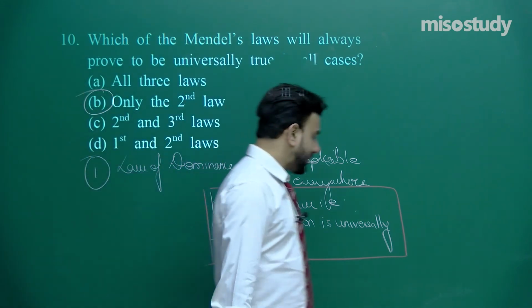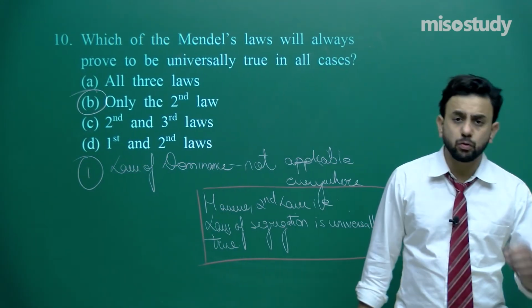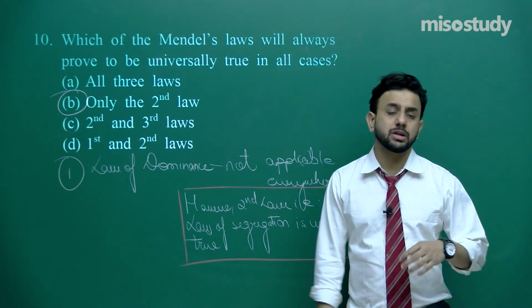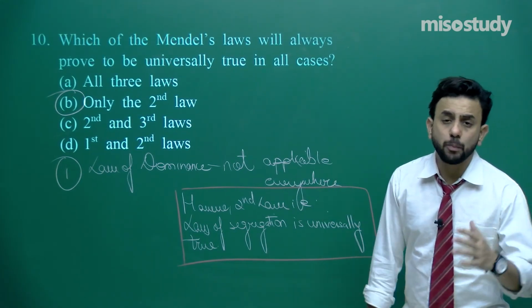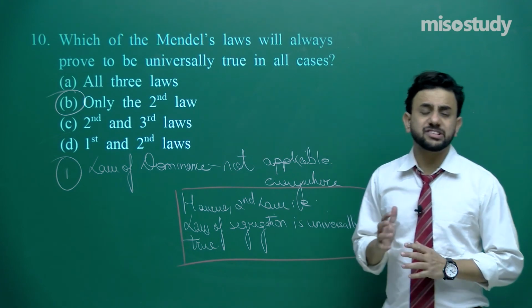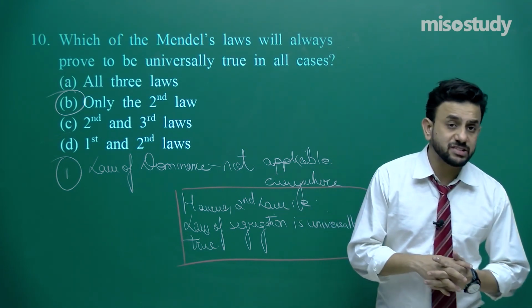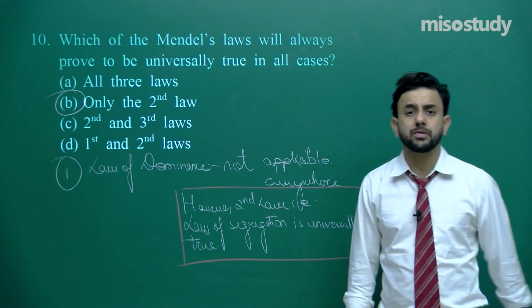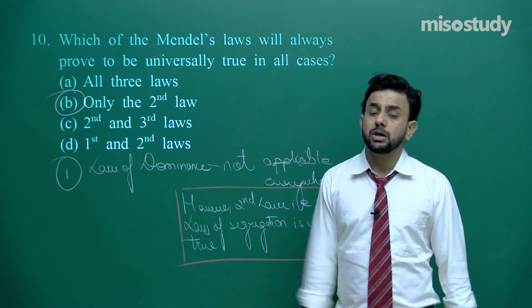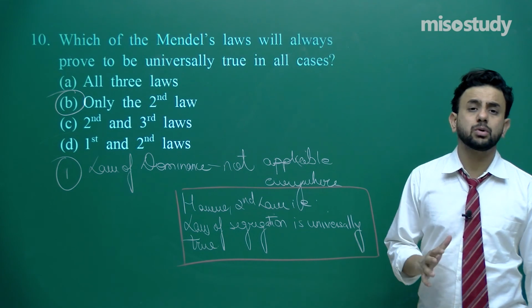Right, friends, so we have come to the end of these 10 questions, 5 we did in this session and 5 in the previous session. I hope you are following things. I hope genetics is clear, because we have discussed so many things. We have discussed the pedigree analysis, the various rules of pedigree analysis, and Mendel's laws.